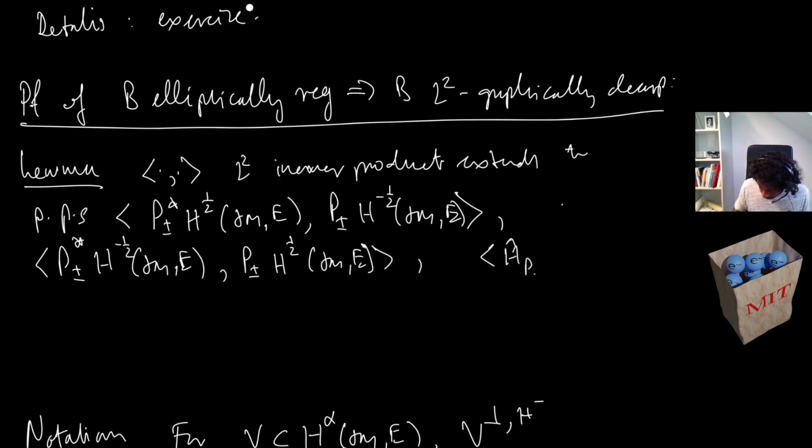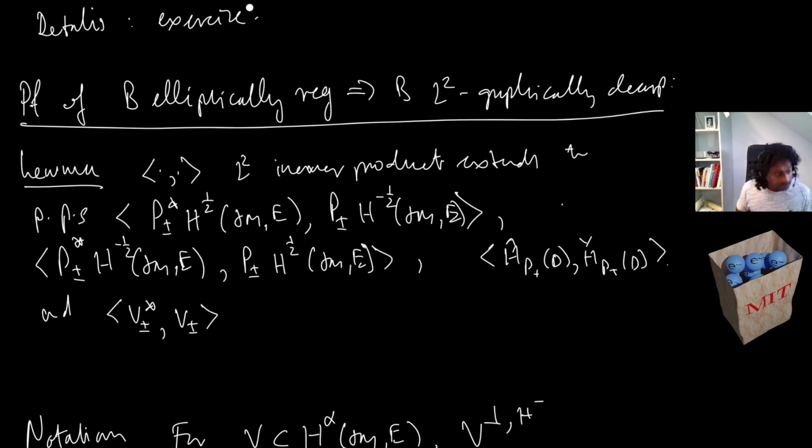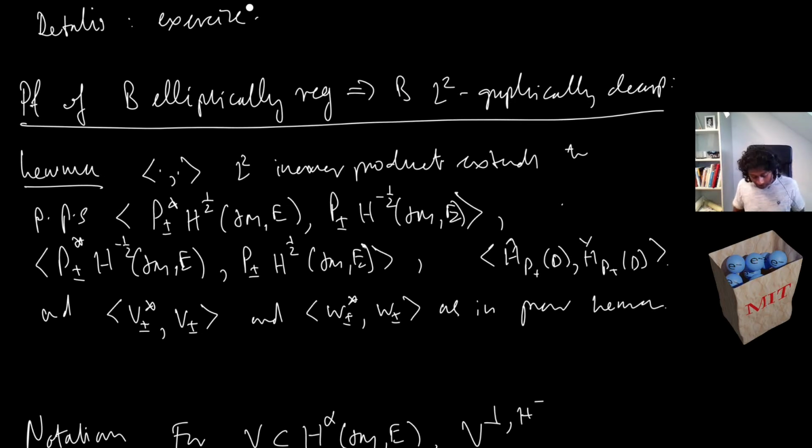H check P plus D, H hat P plus D, and also V plus star, V plus minus, and W plus star, W plus minus, as in the previous lemma, right? So under the hypothesis of the previous lemma, this is true. Right.